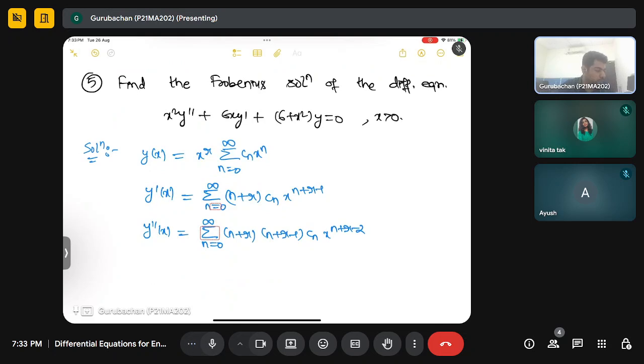If you multiply x square with y double dash x and 6x with y dash x, you will get the terms.